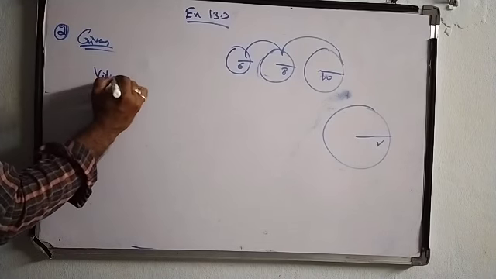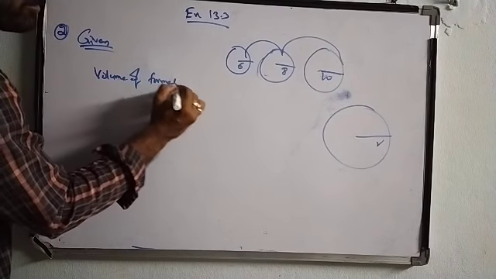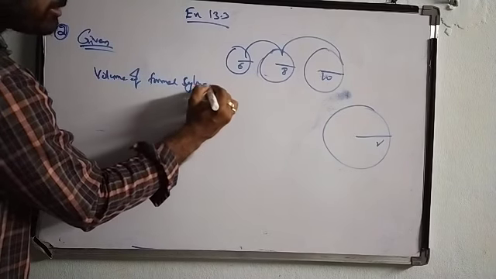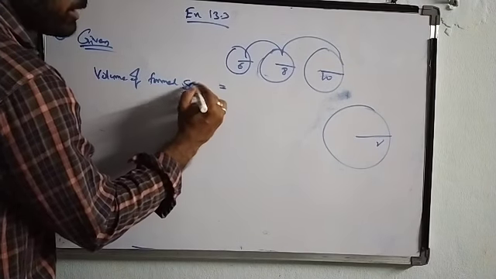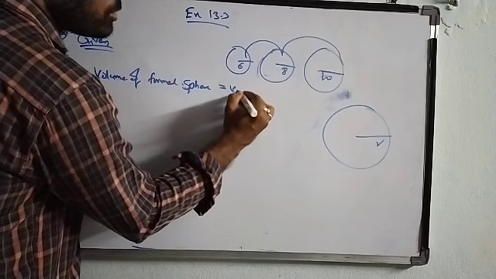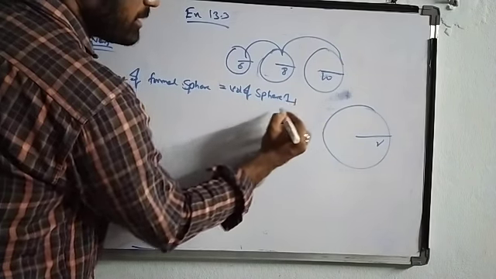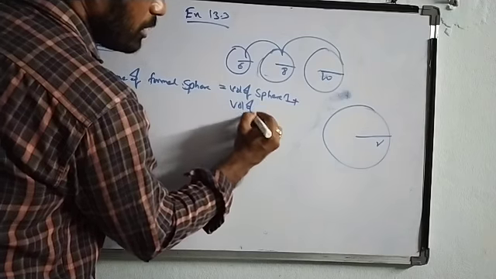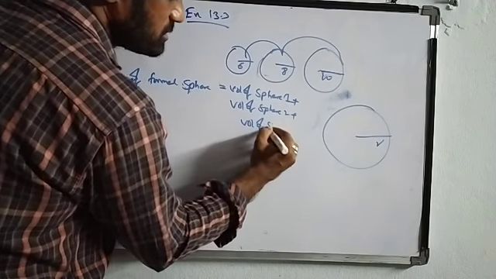So here the concept is volume of the formed sphere is equal to volume of sphere 1 plus volume of sphere 2 plus volume of sphere 3.